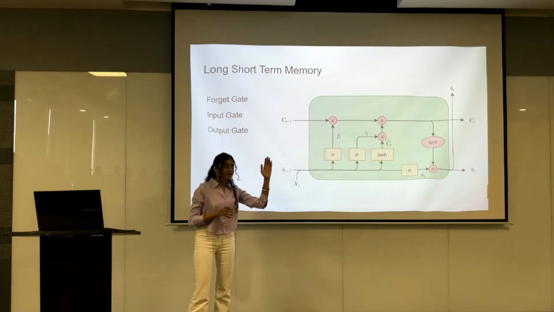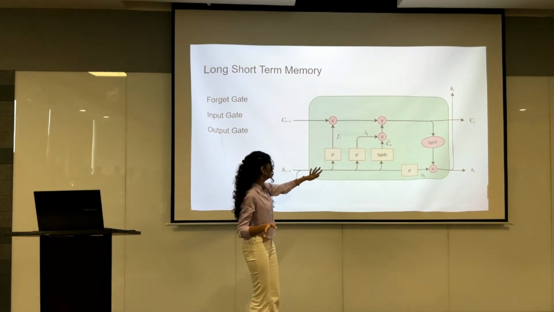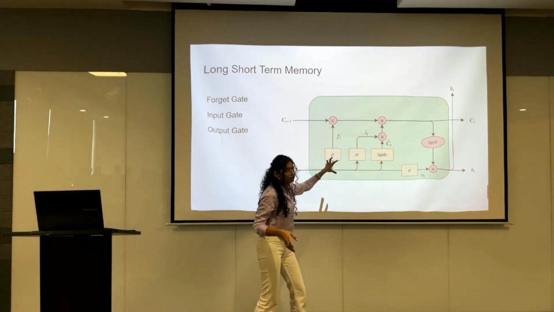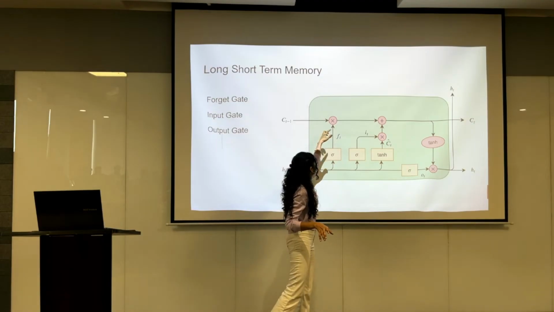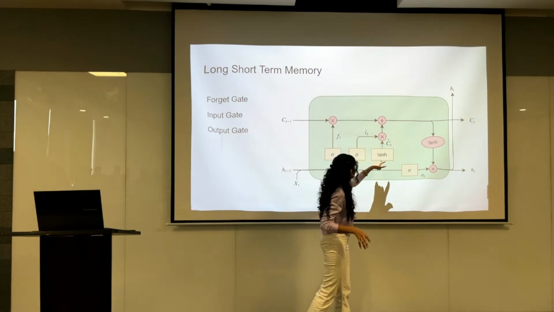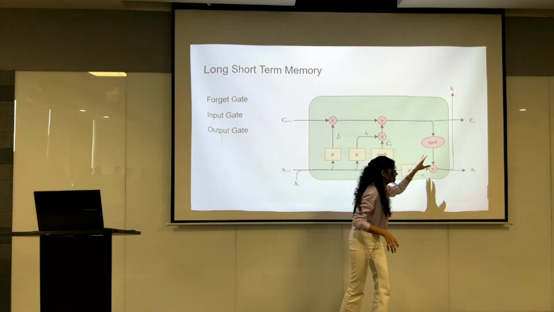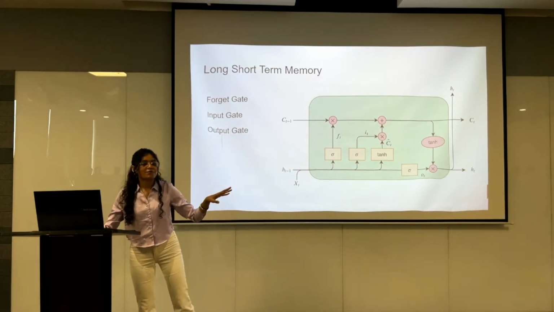And in this there are majorly three gates. It is simply nothing: we take the input, put it here, apply a specific function, and I'm not going to talk about the specific function right now. Then we add and multiply. This is called the forget gate. This is called the input gate. This is called the output gate. Overall, just see how the LSTM model is.